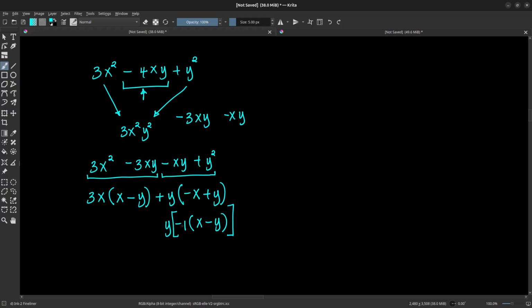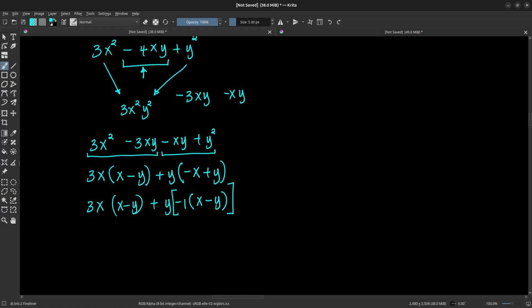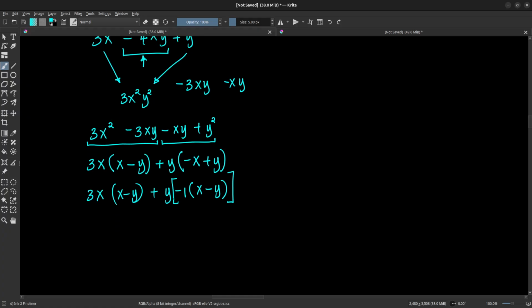So this is the same as, on the left we still have 3x(x − y), and on the right y times −1, which gives us −y, and inside we now remain with (x − y).